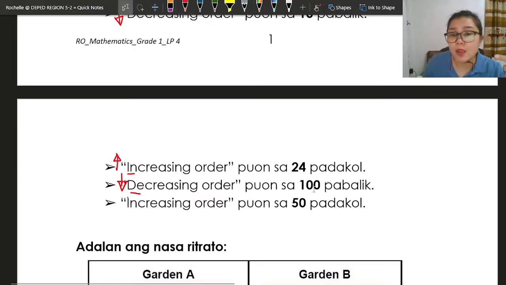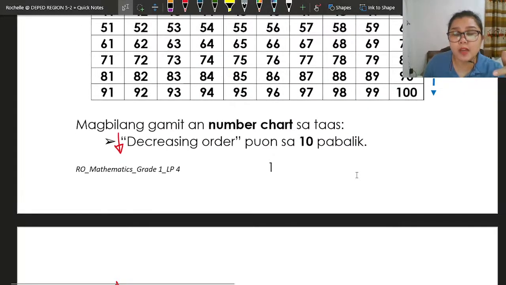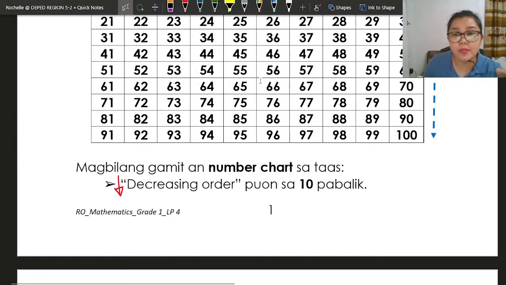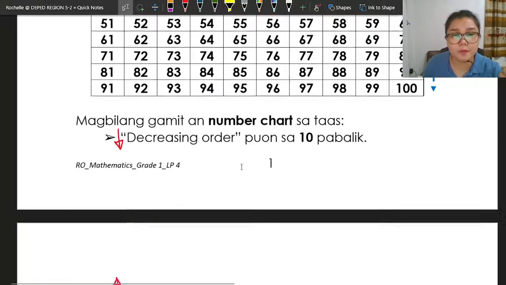So decreasing from 100 going back means starting from 100 downwards. So let's have 10 steps or just recite the last row. So 100, 99, 98, 97, 96, 95, 94, 93, 92, 91. So that is counting from 100 in decreasing order.